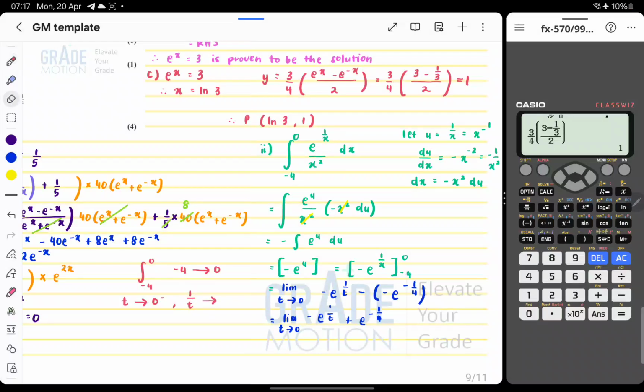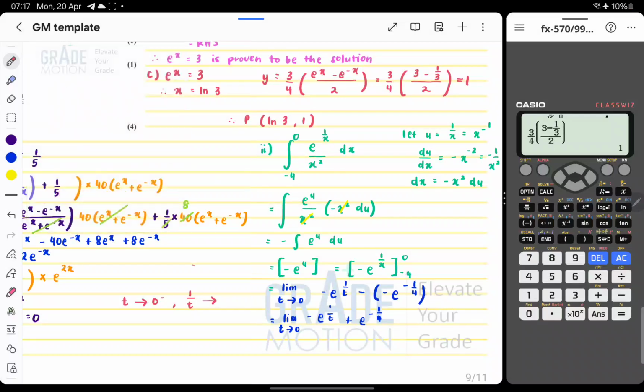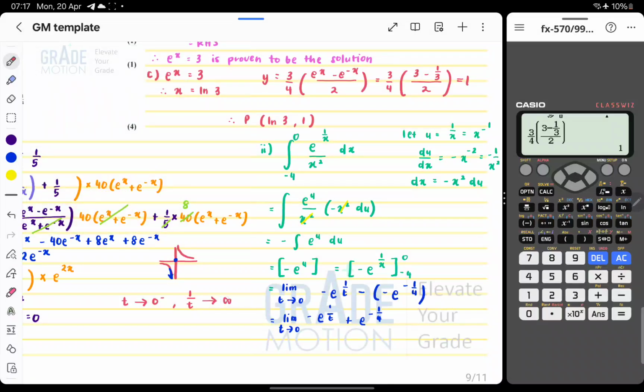Let's recap our 1 over t function. Let's draw this. The rational function would look like this. This is where our 0 is. So if we approach 0 from the negative side, it will be negative infinity.